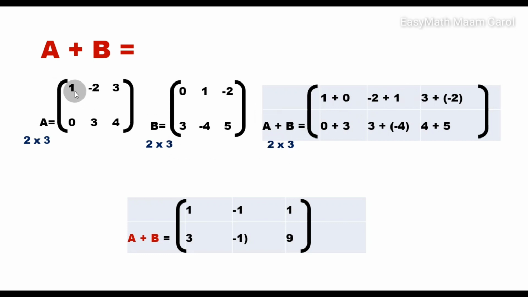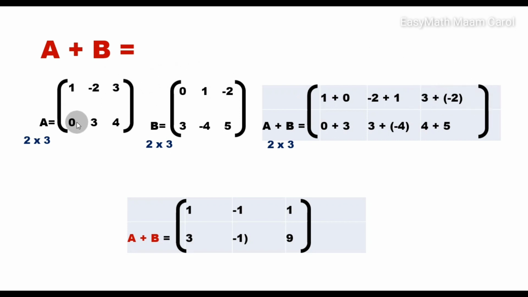So, tingnan nyo nangyari. 1, yung nasa unang row, unang column, at saka dito naman sa B na unang row, unang column, siya yung i-add. That's why you have 1 plus 0. Tapos, yung negative 2, at saka yung 1 dito, take note, pareho sila ng position. So, sila yung inadd. And then, yung 3 at yung negative 2 na may parehong position, sila naman yung inadd.